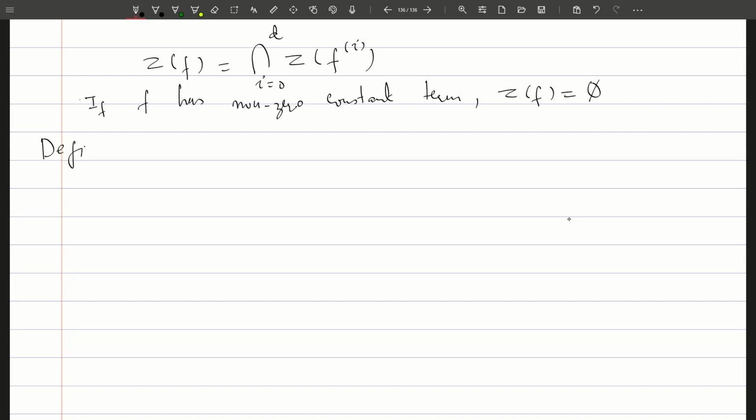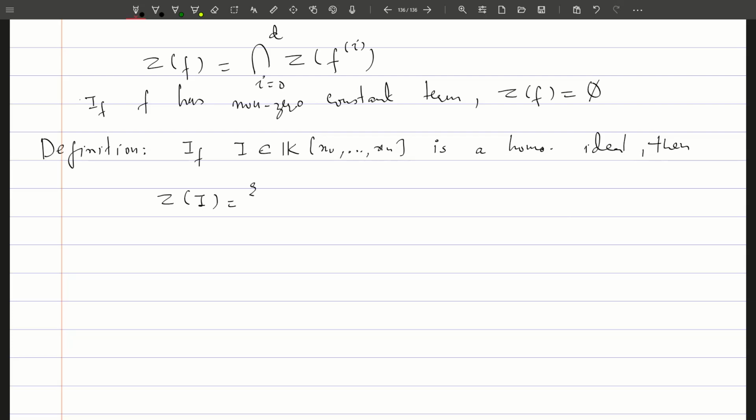If I is an ideal in the polynomial ring in n plus 1 variables, then we can define the zero set of I to be the set of all the points in the projective space such that f of p is 0 for all f in I. So we have dropped the homogeneous condition here.